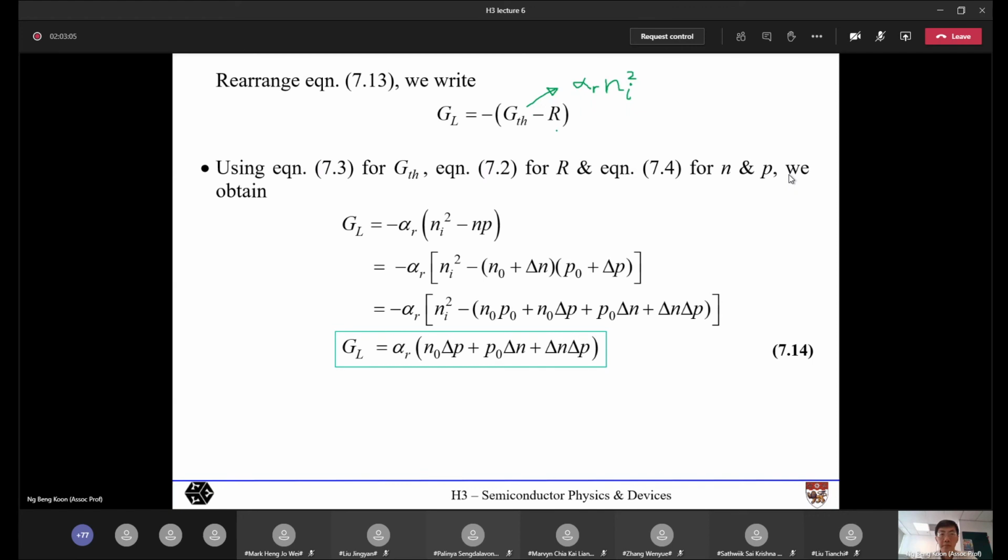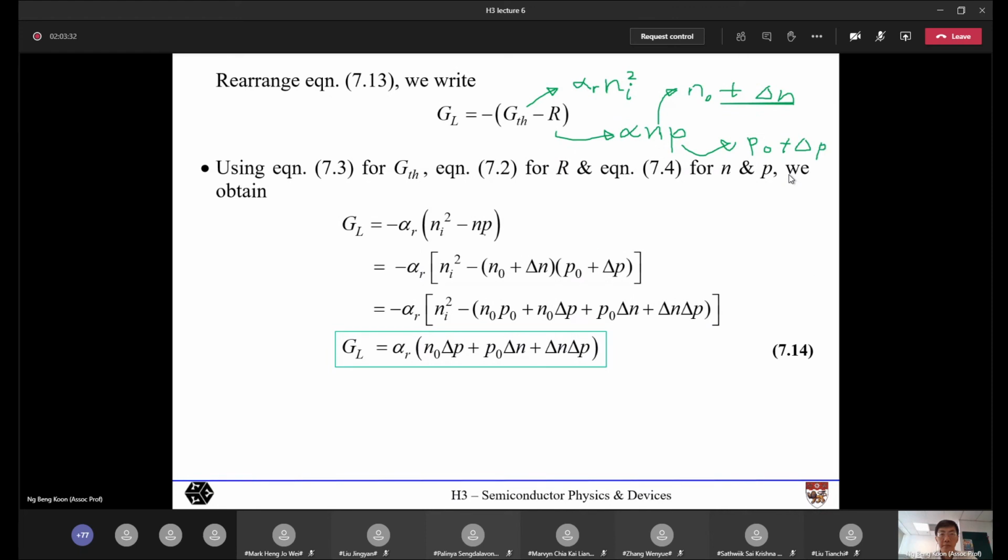Okay, just dependent on the intrinsic characteristics of the semiconductor. And this R is alpha NP, right? And N in this case is no longer just N naught. Okay, because now you have excess carrier, so it's N naught plus delta N. And this P here is P naught plus delta P.